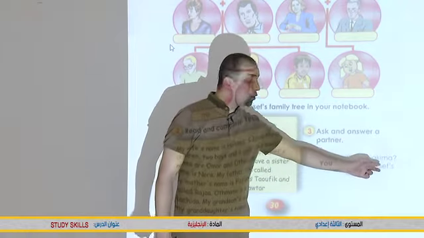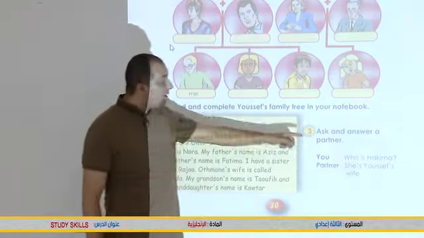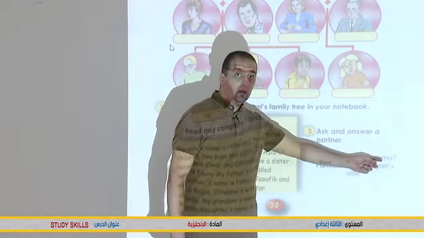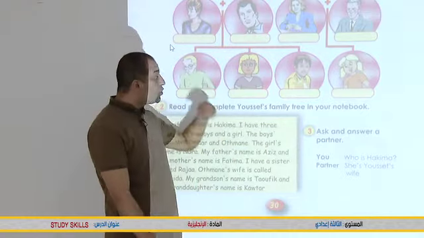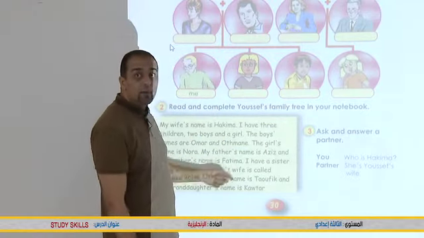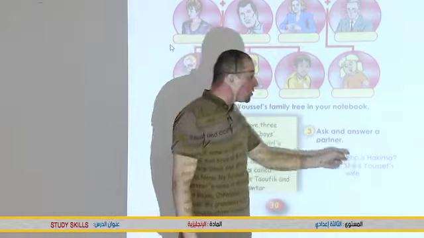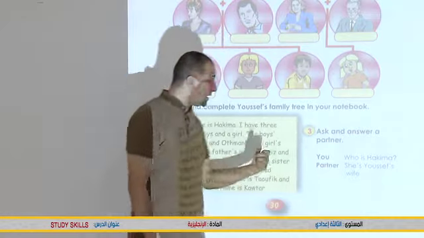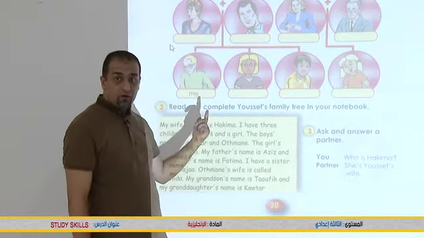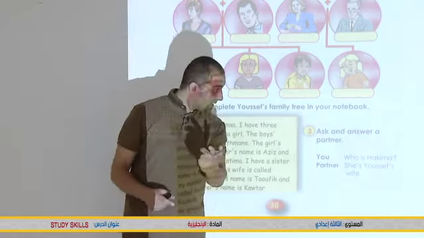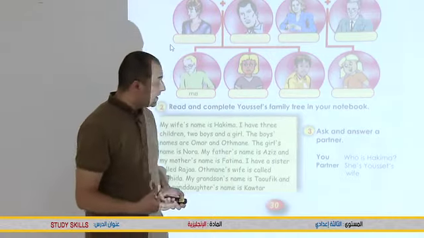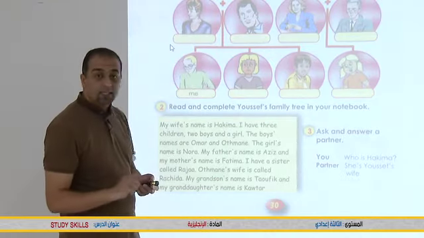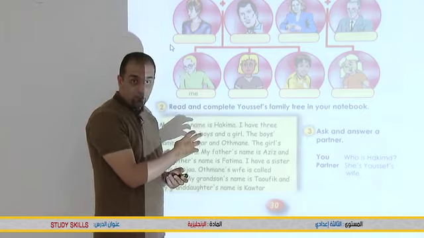We can repeat the same question, who is Hakima, but in relation to another person in the family tree, not just Yusuf. We can say that Hakima is Omar's mother. Now we are going to see some examples. Then I'll give you time to write your own examples according to the family tree of Yusuf.